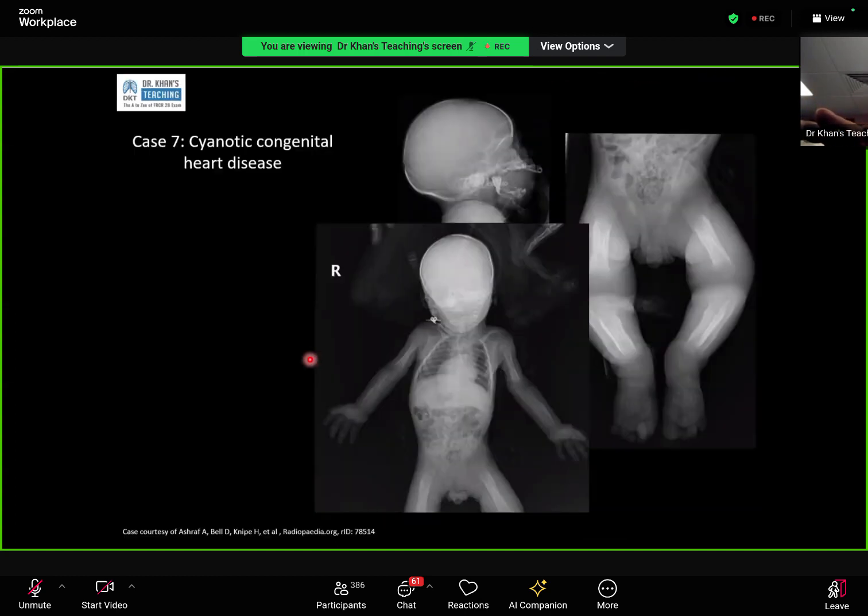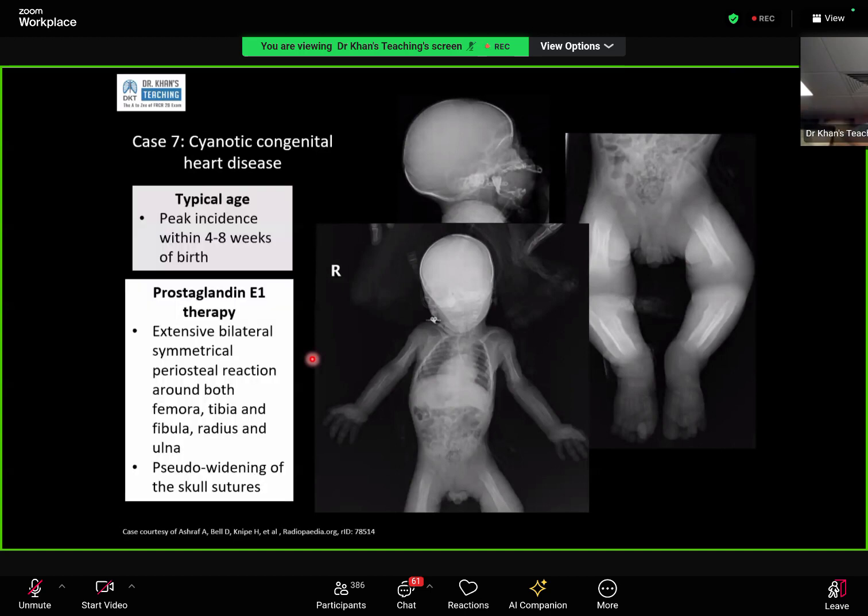So this was scurvy. And then comes prostaglandin E1 therapy. These patients present with cyanotic congenital heart disease, and they want the ductus arteriosus to remain patent so that they buy time. At times these patients are preterm, and they maintain it for a while so that they can do surgeries at a slightly more advanced stage.